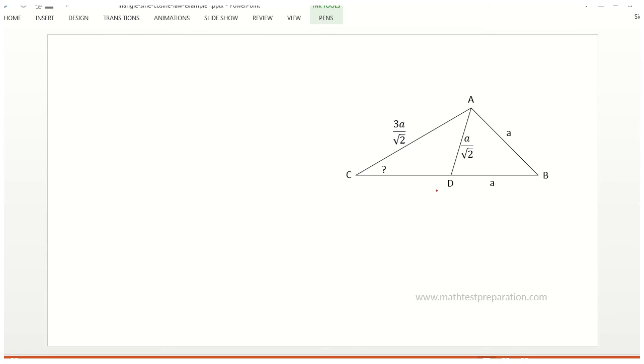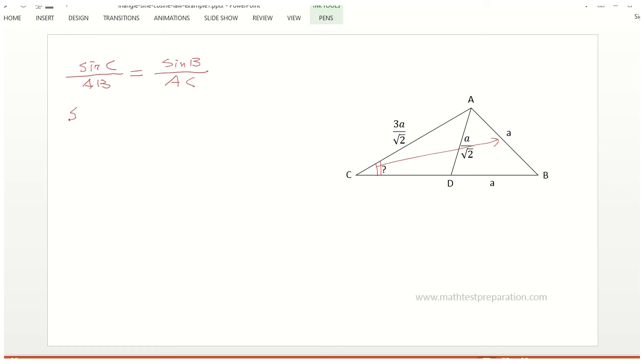Now we apply sine law to the triangle ABC. From sine law, sine angle C divided by the side opposite angle C, which is AB, equals sine B, because we got the sine B, divided by the side opposite the angle B, which is AC.